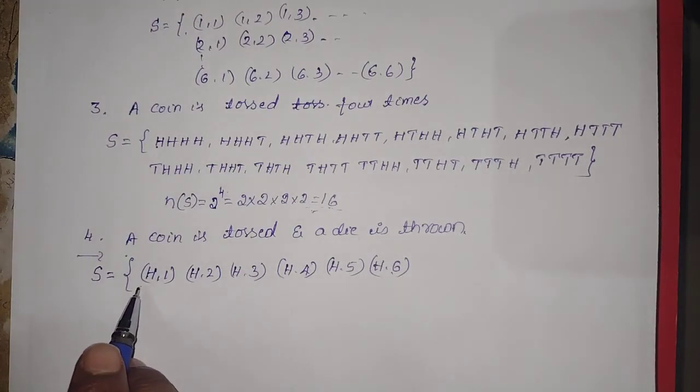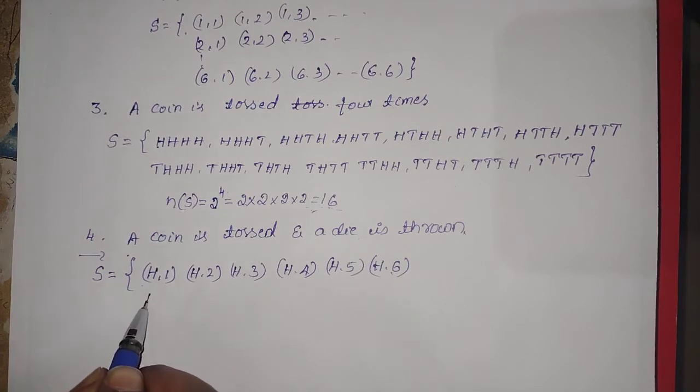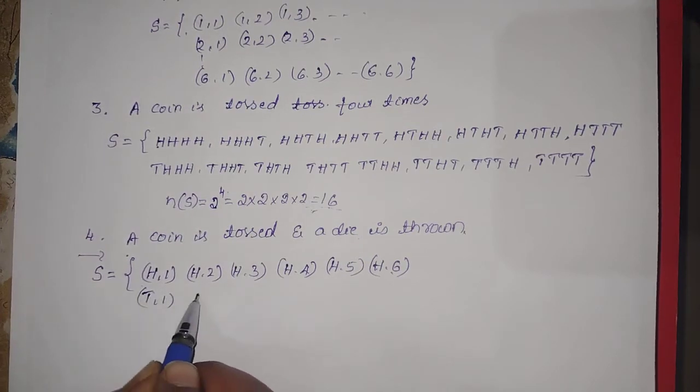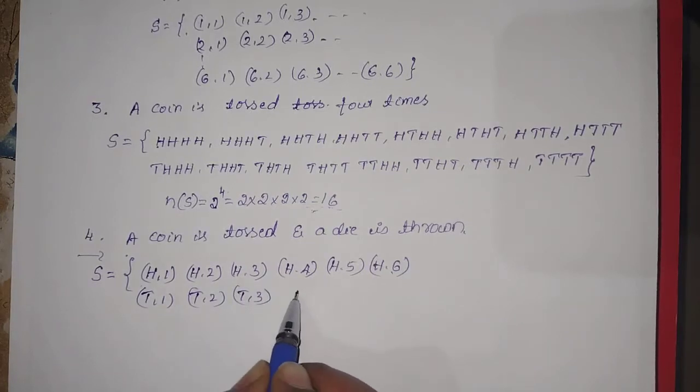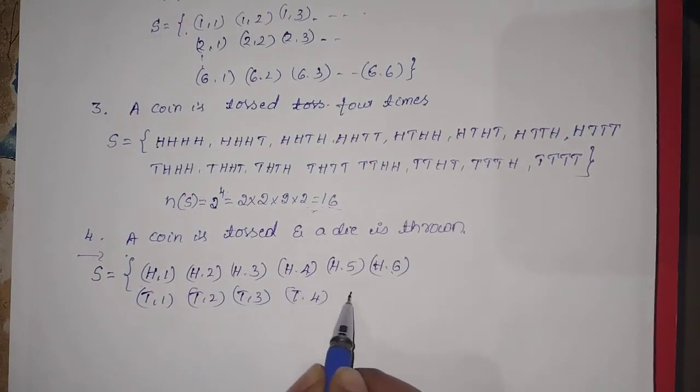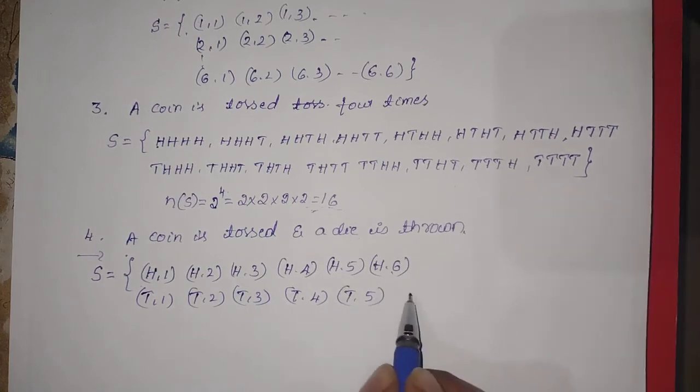Maybe the coin shows head. Similarly, if the coin shows tail, then what are the possibilities of outcomes? Again we should write pairs, like T comma 1, T comma 2, T comma 3, T comma 4, T comma 5, and T comma 6.